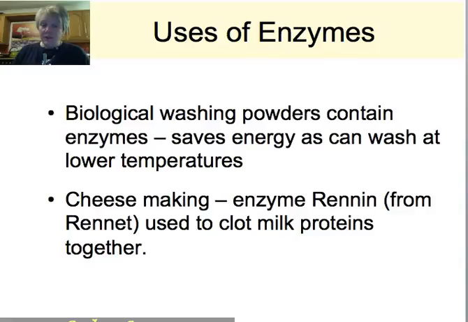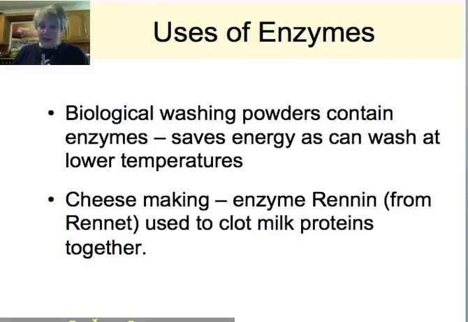But there are other uses of enzymes that aren't part of cells, and we make use of enzymes in biological washing powders. Enzymes are added to those, and enzymes can break down proteins that are involved in the stains that are there, and therefore it means we can wash our clothes at lower temperatures.